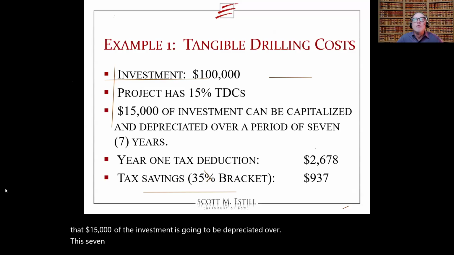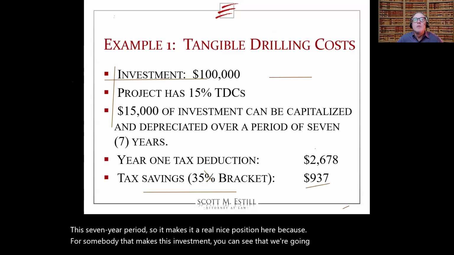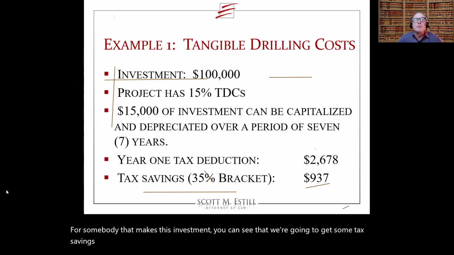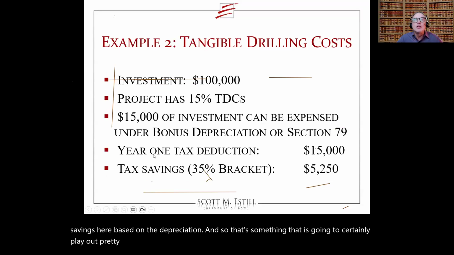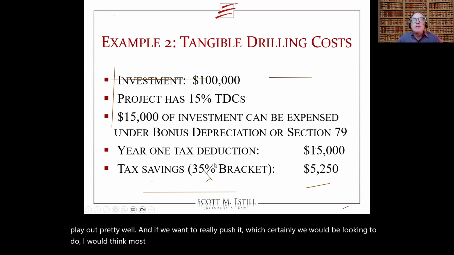So it makes it a real nice position here because for somebody that makes this investment, you can see that we're going to get some tax savings here based on the depreciation. And so that's something that is certainly going to play out pretty well. And if we want to really push it, which we would be looking to do most of the time, we could take 100% of that under bonus depreciation or Section 179.